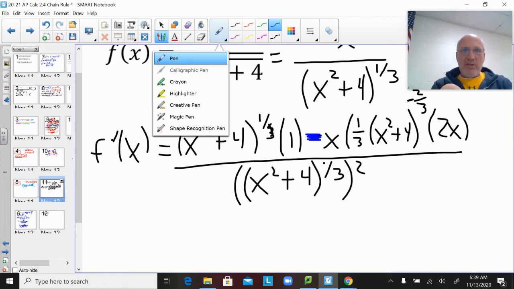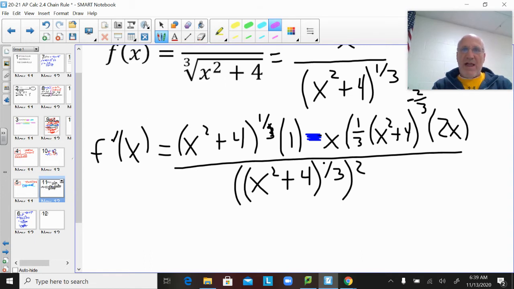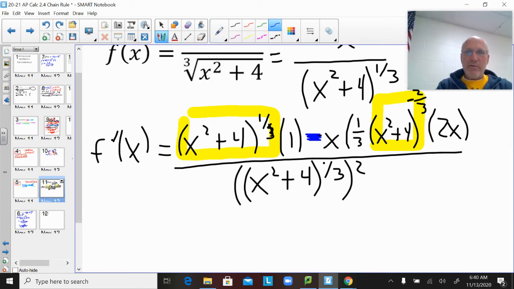So just like on the last one, we can factor out whichever one has the lowest exponent. And I would argue that of my two factors of x squared plus 4, there's one to the 1/3, and here's one to the negative 2/3. I can take out the lowest exponent, and the lower of those two exponents is the negative 2/3 power.